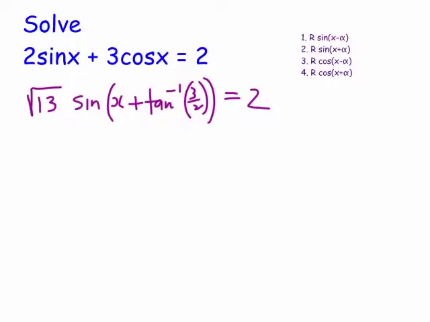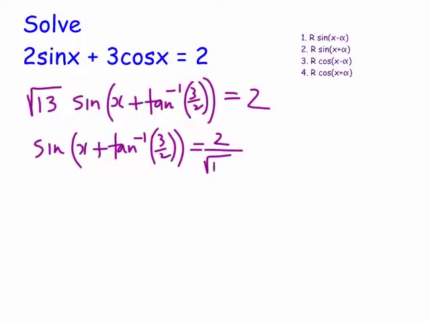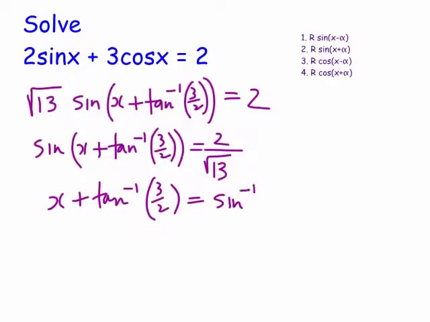Well, we divide both sides by root 13, so we have sine of x plus inverse tan of 3 on 2 is equal to 2 on root 13. Then we just take the inverse sine of both sides, and we have x plus inverse tan of 3 on 2 is equal to sine to minus 1 of 2 on root 13.